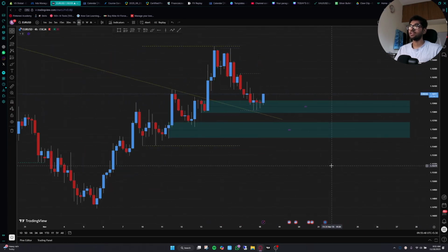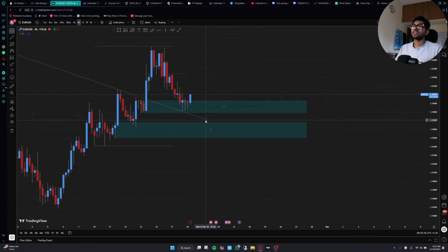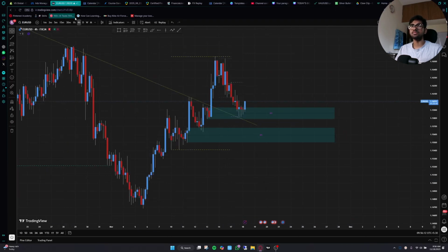One is the breakout region itself. If this breakout region fails and price slowly starts consolidating, I have another order block at this zone. It has been mitigated before, but it is still valid because the 50% of the order block is still up for grabs.